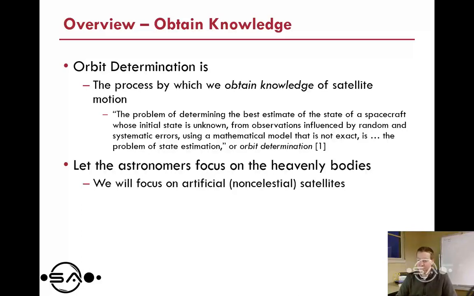So essentially, we don't know where it is, or where it started. We're not sure if our observations are correct, and we're using a mathematical model that we know is not exact. But you know what? We're going to guess where it is, and we're going to use those three faulty things in order to provide the best estimate.